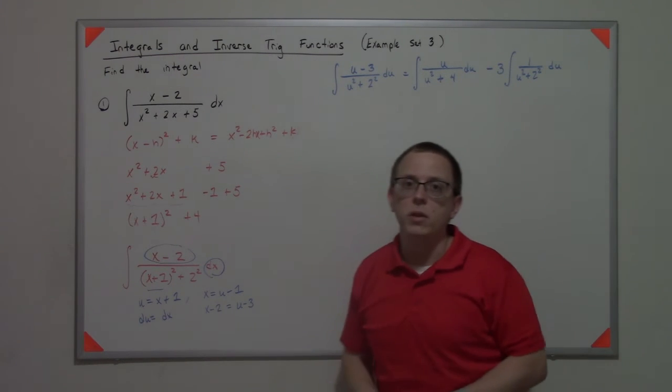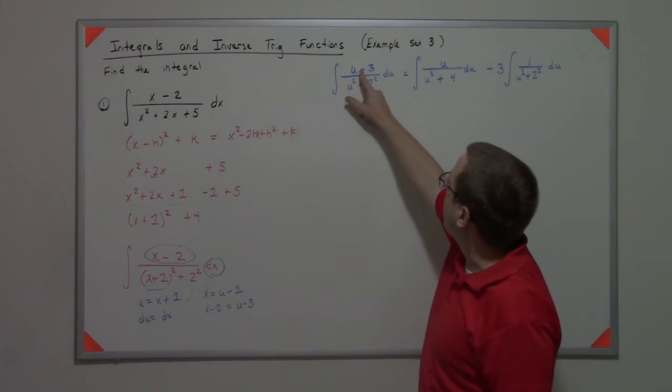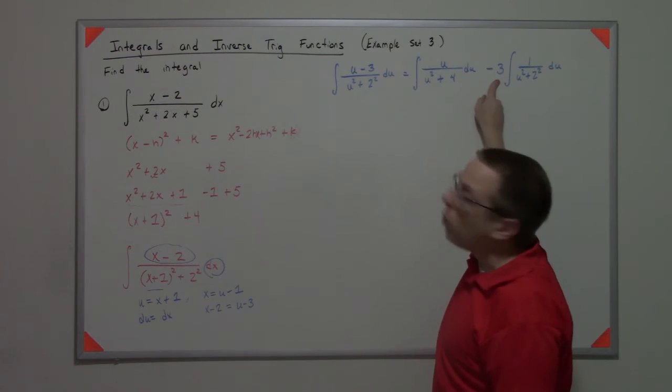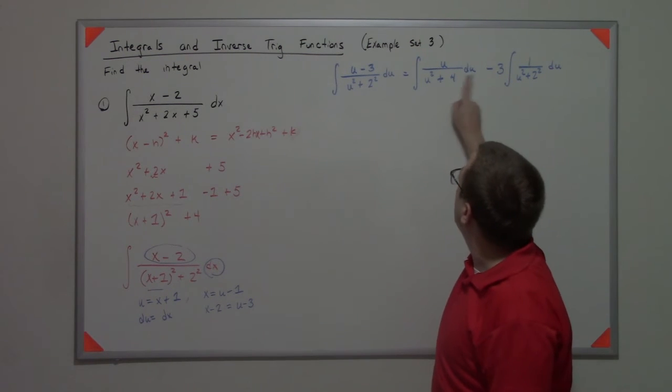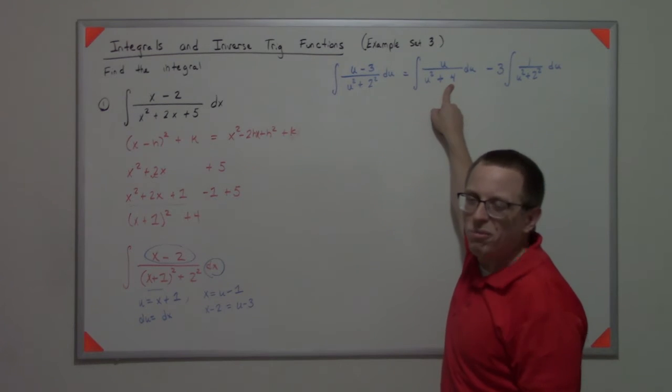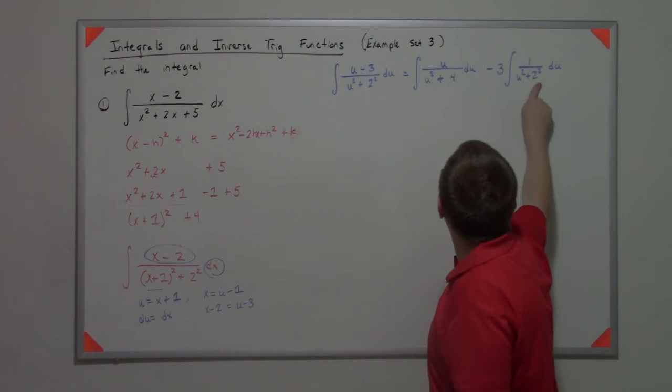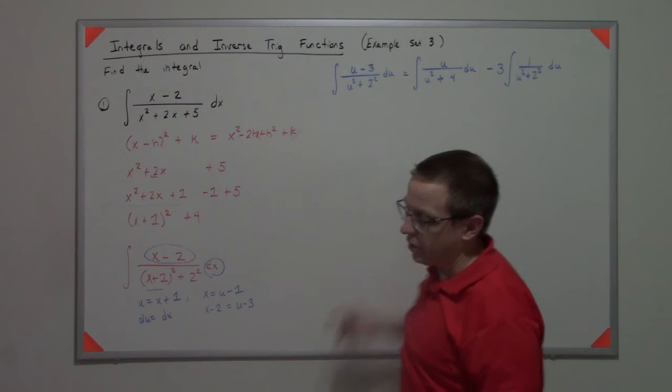Now I just did a lot of work there, but all I really did was take the numerator, split it up, and then pull the negative 3 out here. I went ahead and turned that back into a 4, because why not? And then I left that as a 2 squared.